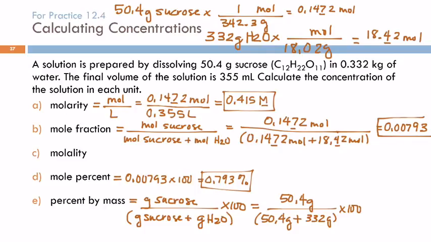Sometimes you're told what the mass of the solution is, but sometimes they just tell you the mass of each part. So 13.2% sugar. You look at it by mass, it's a lot higher percentage. The soda is 13.2% by mass sugar.